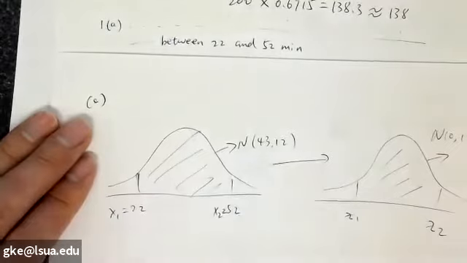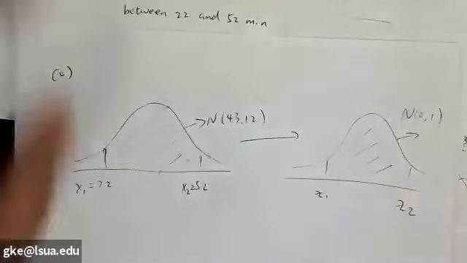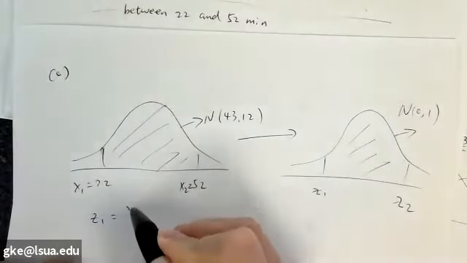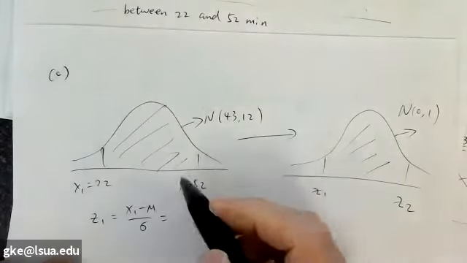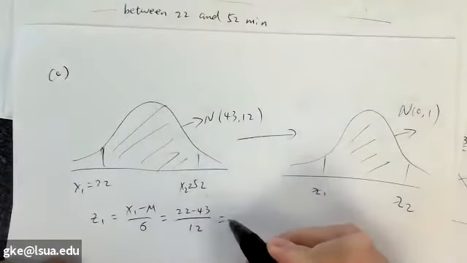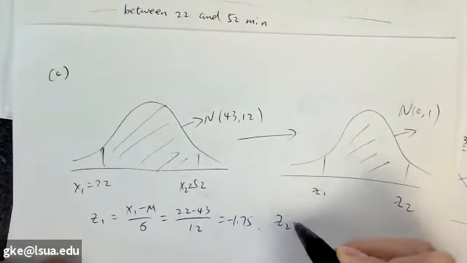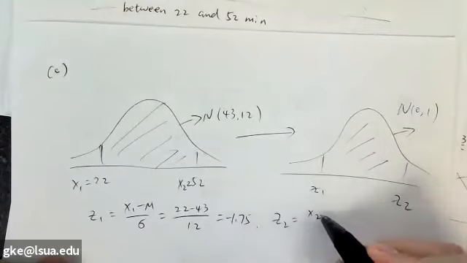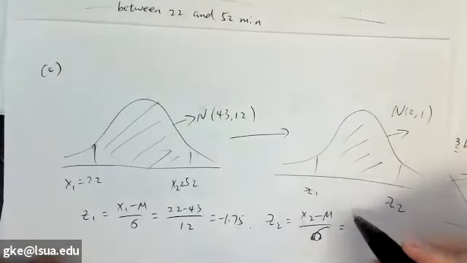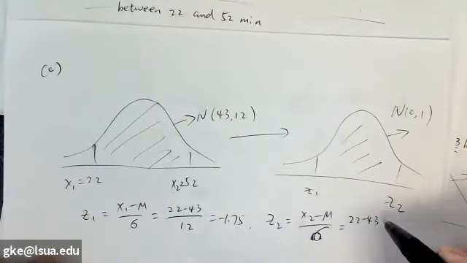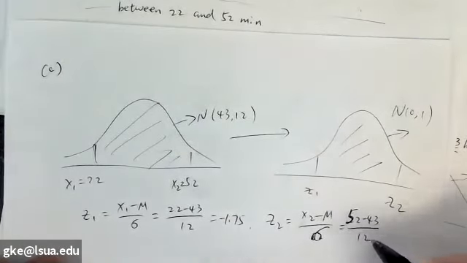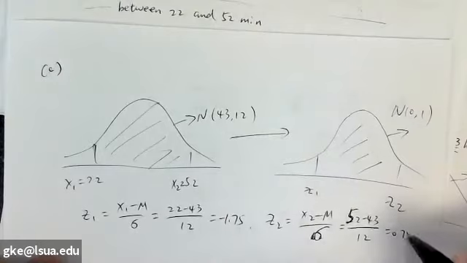The area in the middle, right? It's between, right? So follow the steps. Z1 gonna be x1 minus mu divided by sigma. X1 is 22 minus 43. Negative 1.25. Z2 should be x2 minus mu divided by sigma. Should be 52 minus 43. And this should be 0.75.